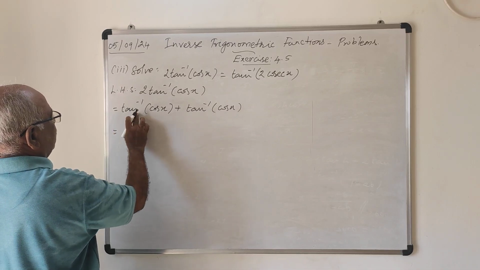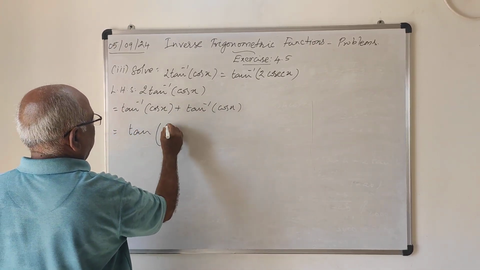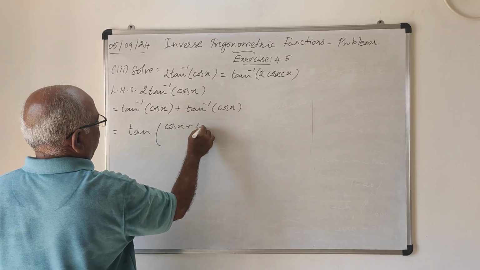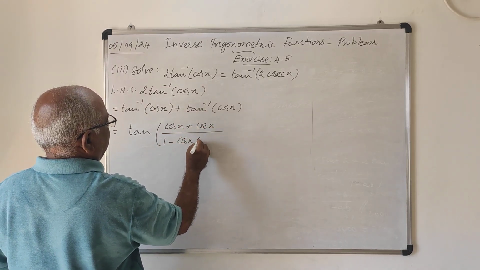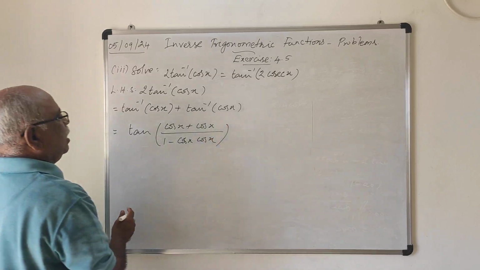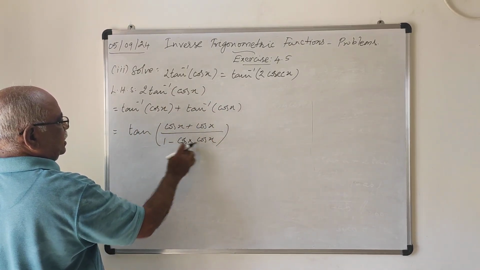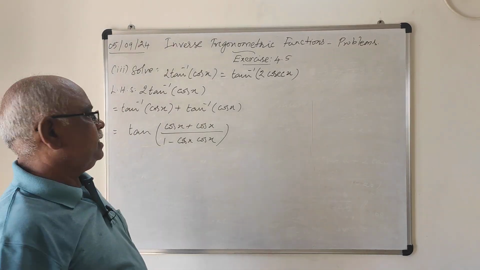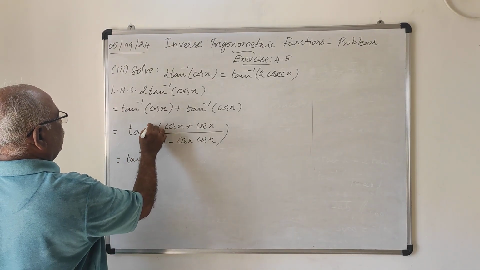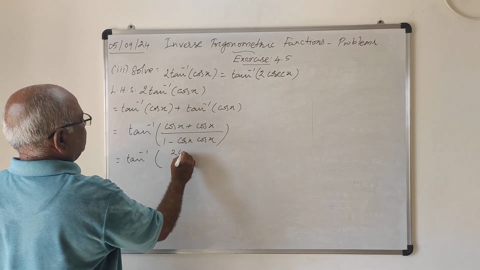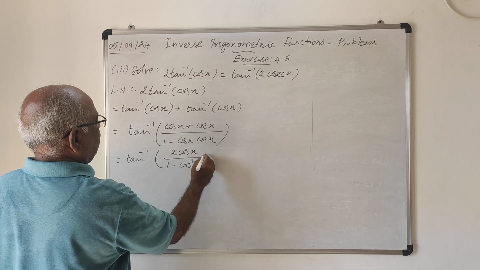By the formula, tan inverse of x plus tan inverse of y is tan inverse of (x plus y) by (1 minus xy). Using this idea, you get tan inverse of 2 cos x by (1 minus cos square x).